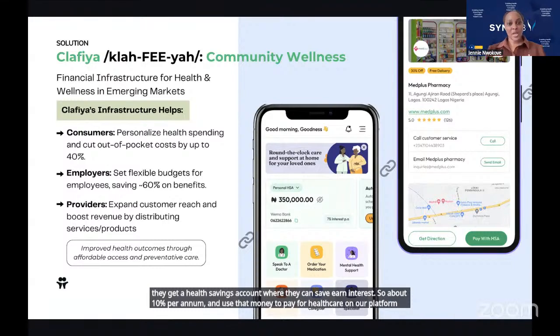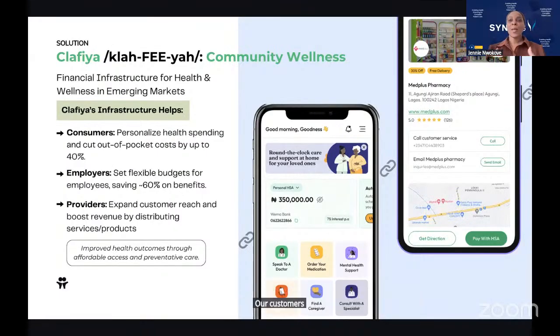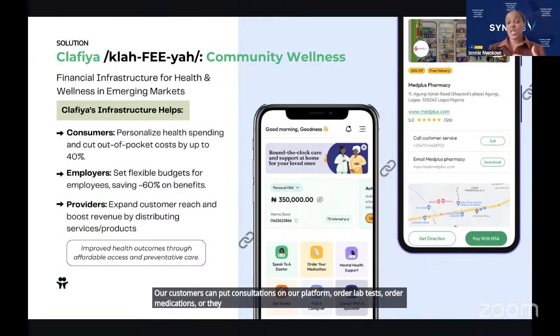And the second way is our aggregated healthcare platform, where we've aggregated 3,000 health and wellness partners, SynLab being one of them, where customers can book consultations on our platform, order lab tests, order medications, or they can walk into the nearest SynLab and use their HSA to pay and get 10% off.